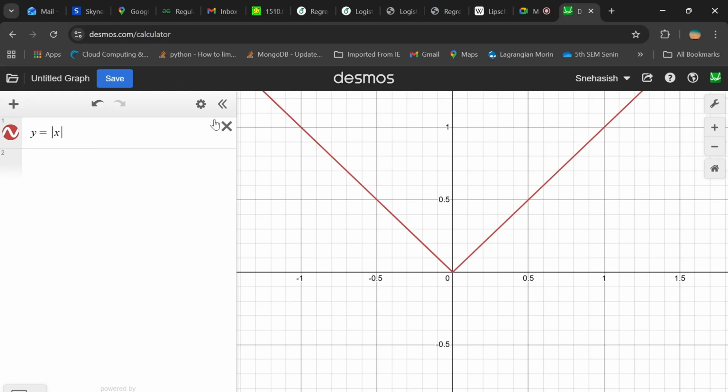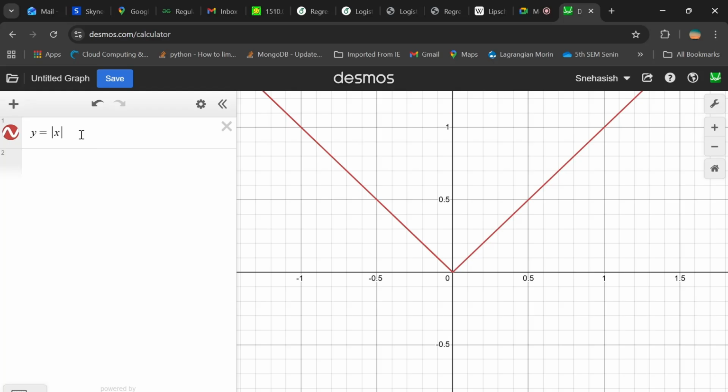But what you can try to do is define a function which is indeed differentiable at 0, but with a small epsilon gap, it converges to y equal to mod x.